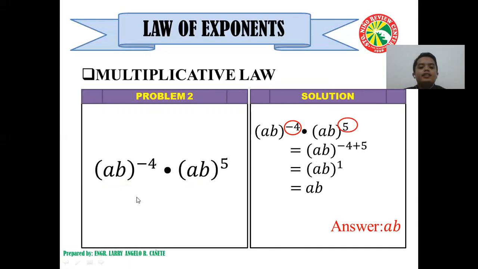Since their bases are the same, you add their exponents, negative 4 plus 5. Simplifying negative 4 plus 5, that is 1, or simply ab. So that is the answer, ab.